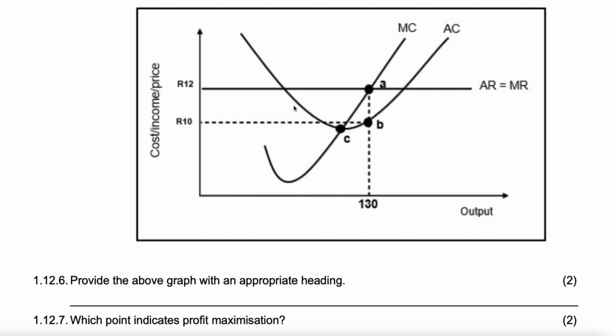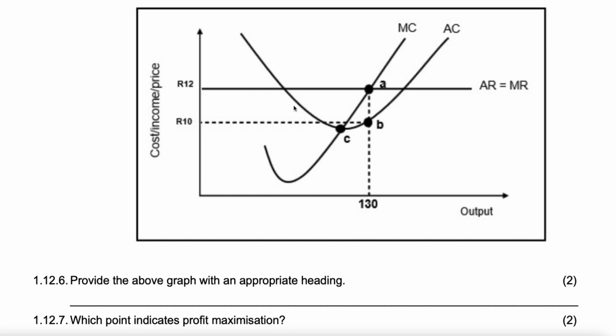So in the long run, the economic profit will attract new firms into the market, causing supply to increase. And if supply increases, then it's going to cause price to decrease. So price will decrease to as low as, say, 10 rand, and then firms will make normal profit.